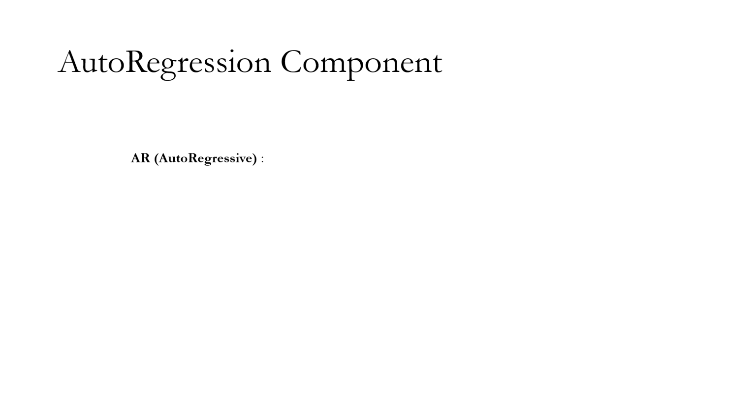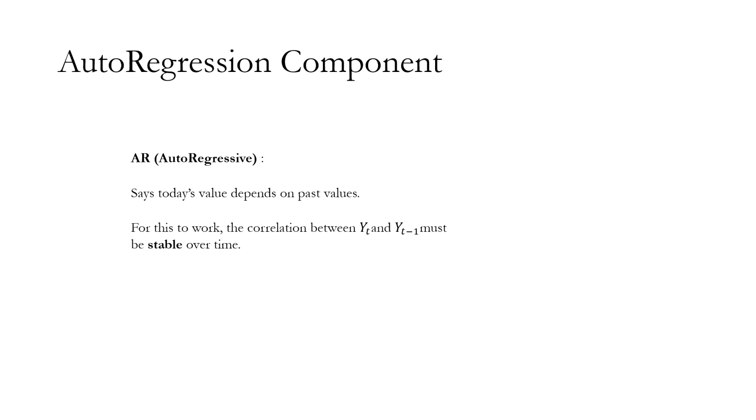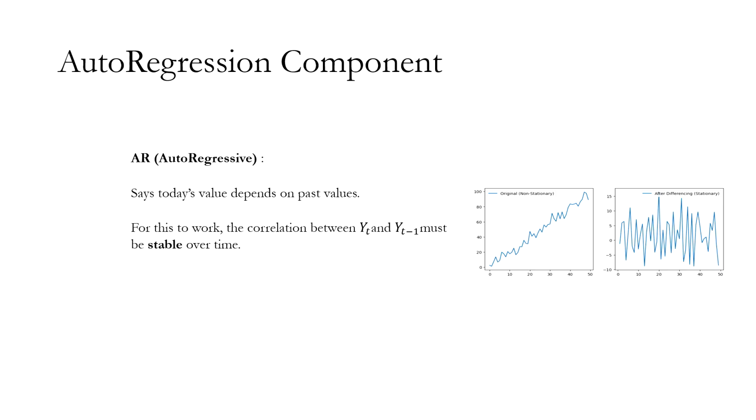Now I'm going to be talking about the autoregression component. So it says today's value depends on past values, as I mentioned earlier. For this to work, the correlation between Yt and Yt-1 must be stable over time, and I mentioned that as well. And we see that the differencing actually makes it stable around the value of 0.